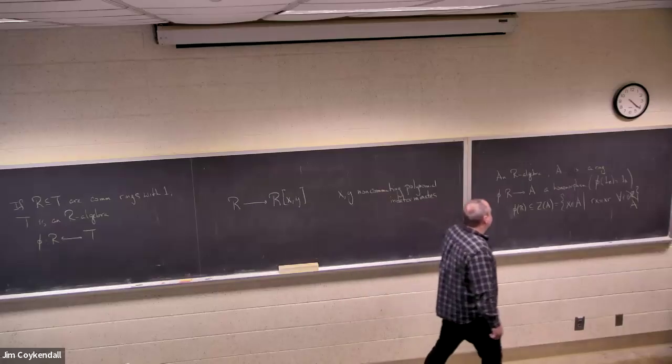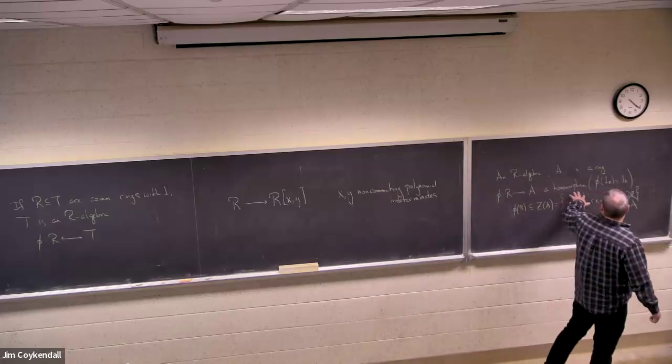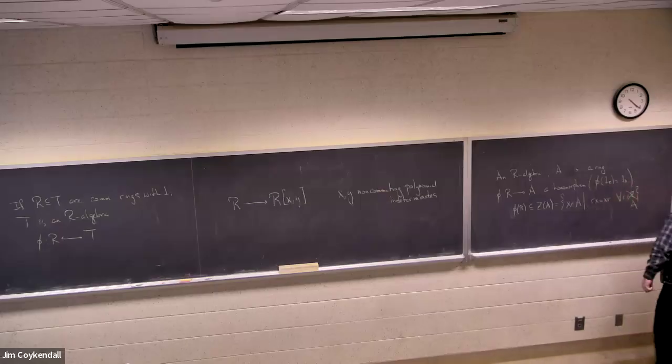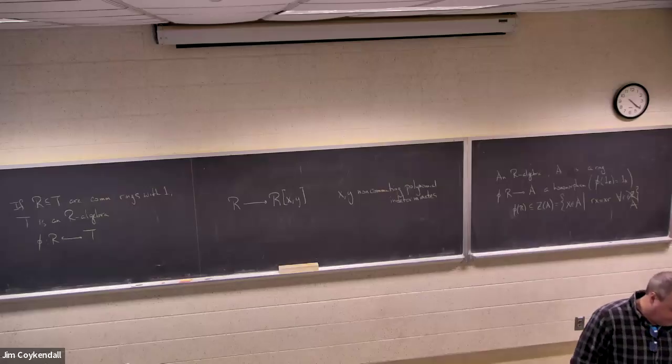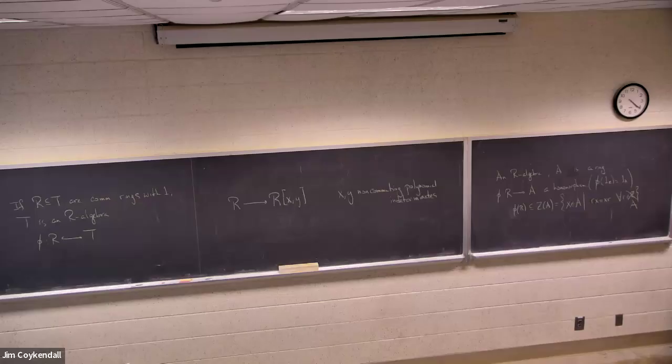And R is a commutative ring. So it just makes things work nicely. You can go and have a version where it's not in the center and see what you can get back.